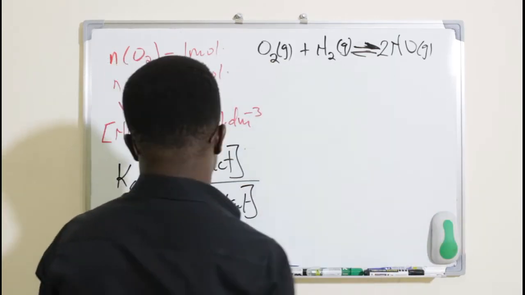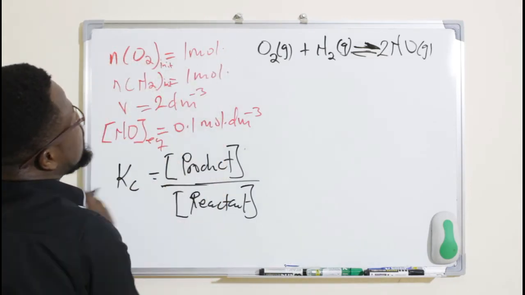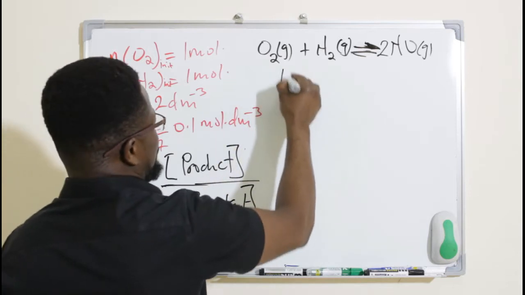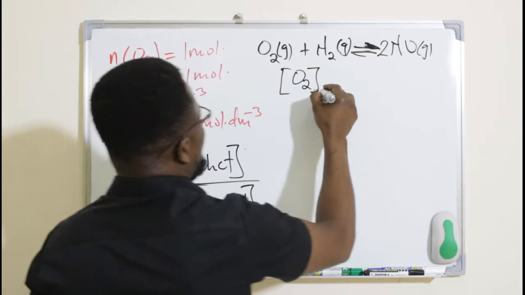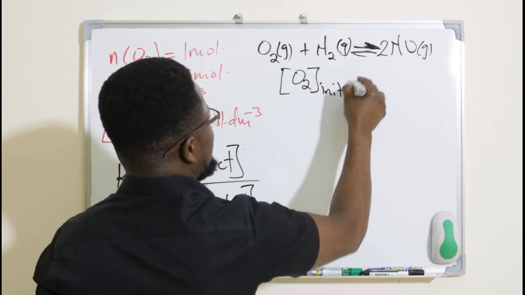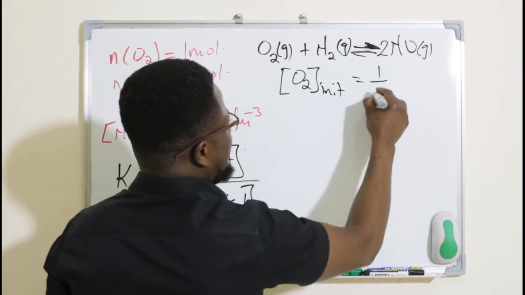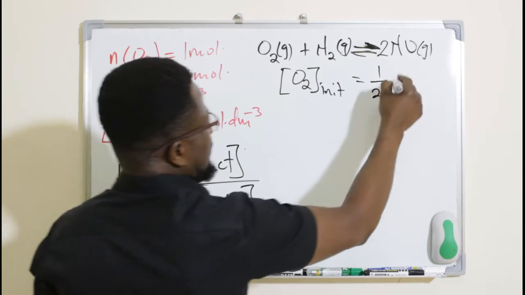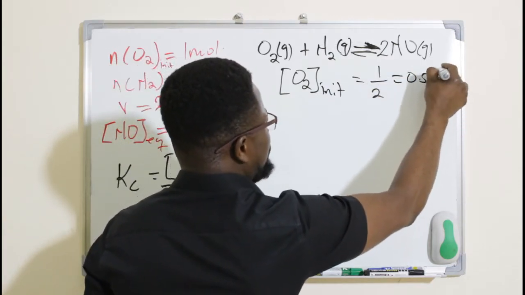Once I have written the equation for the reaction, I need to convert this number of moles into concentration. So I'll find the initial concentration for the O2, and that is going to be the number of moles divided by the volume, and that is going to give me 0.5 molar concentration.